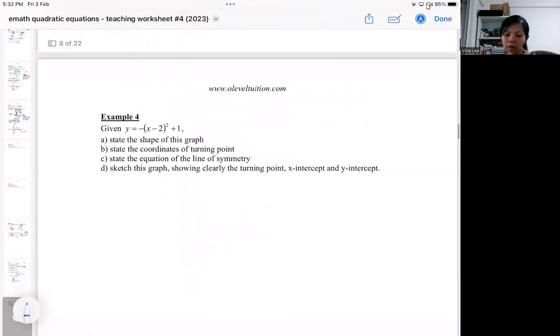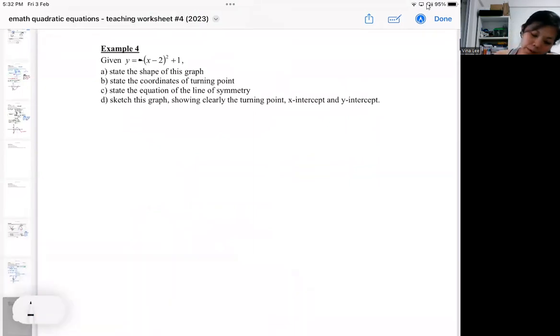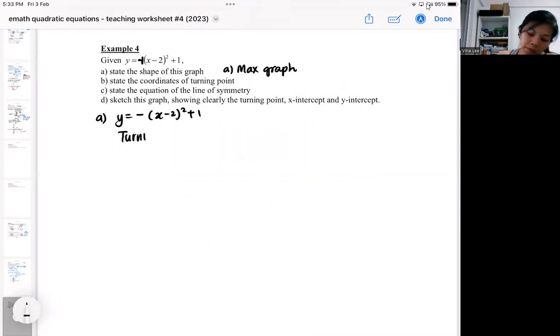Okay, another one. I'm showing you a sad face. How do you know it's a sad face? This is a -1. So for the shape, it's a maximum graph, a sad face graph. We are going to state the coordinates of the turning point. By now, I hope you can tell straight away.